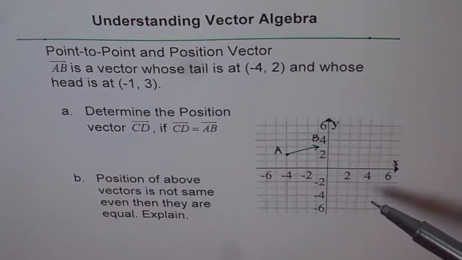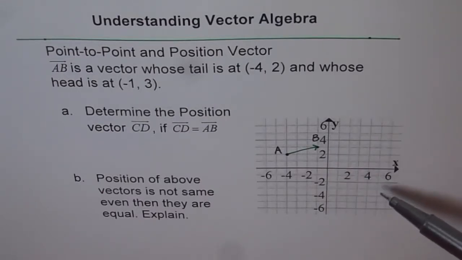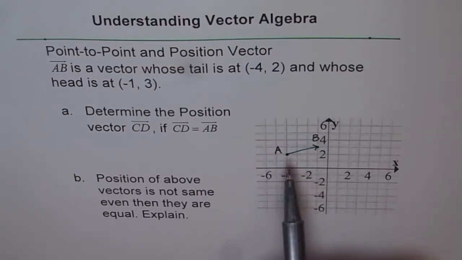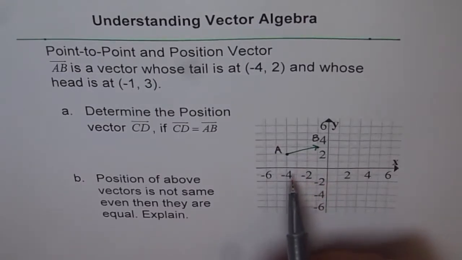And as you know, all the vectors can be translated anywhere on the plane and they still remain the same and equivalent, right? So I will do a transformation and show you how to convert vector AB into vector CD with change in position. The basic change in position which we are bringing is bringing the starting point to the origin. So let's go.